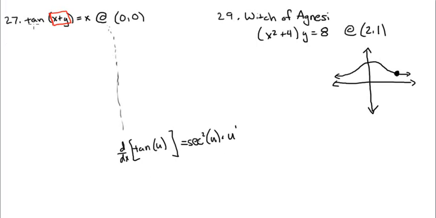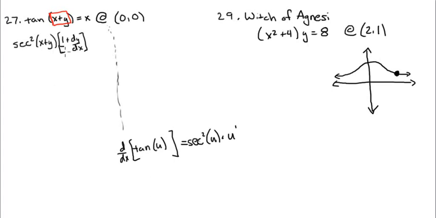And so the derivative of tangent of x plus y is going to be secant squared of x plus y times the derivative of x plus y with respect to x. Well, the derivative of x is just 1. The derivative of y, we don't know, so we leave a little placeholder there, dy over dx.